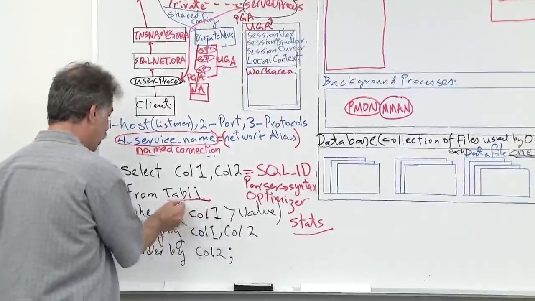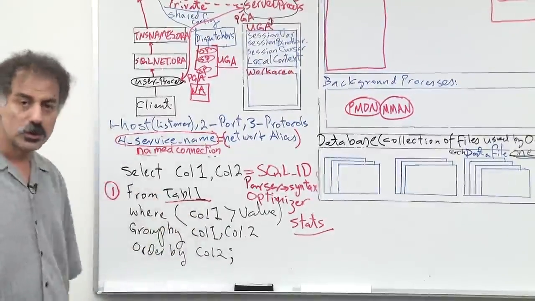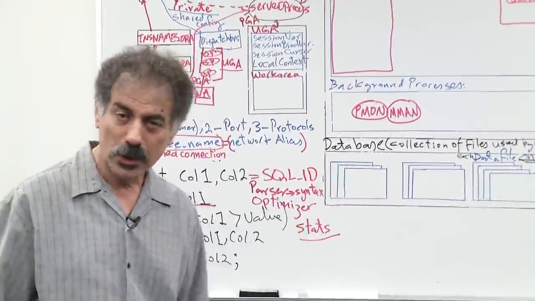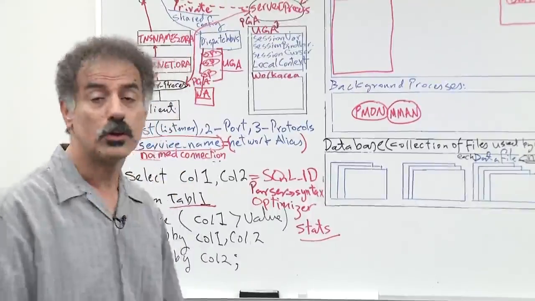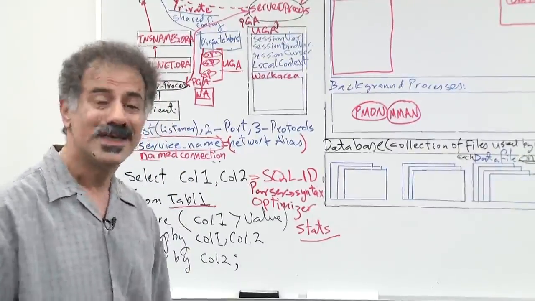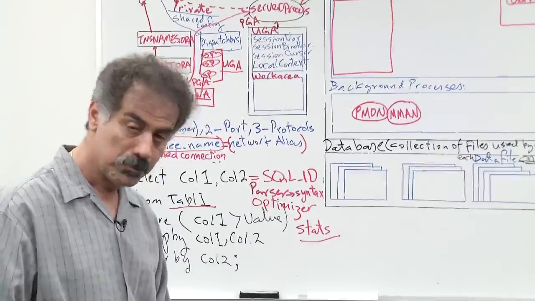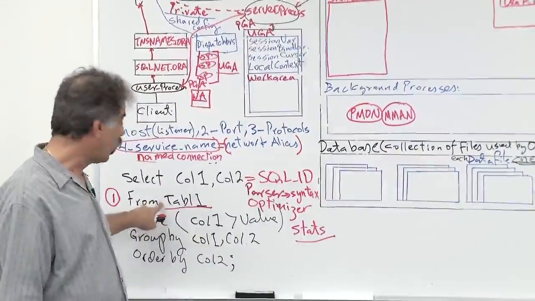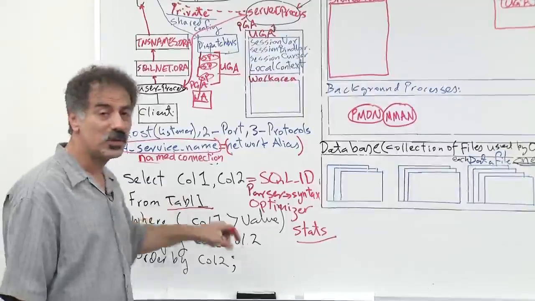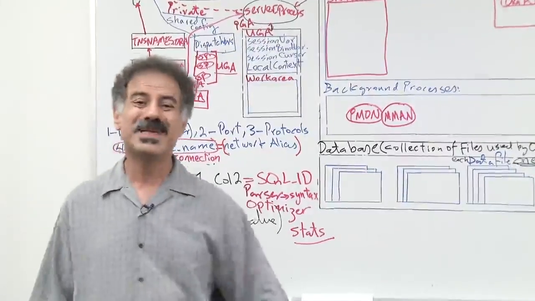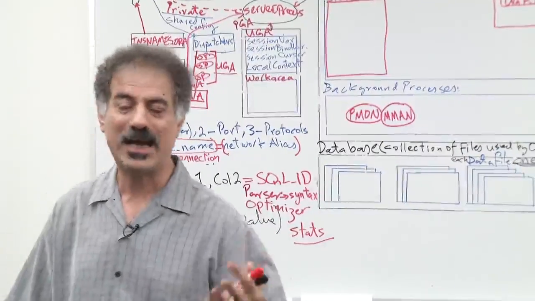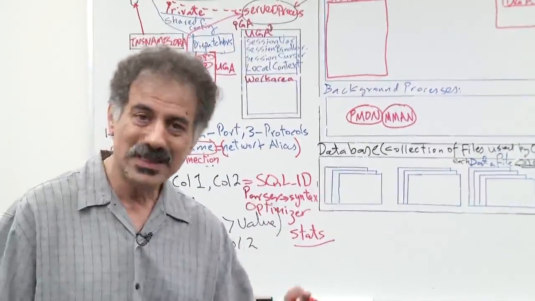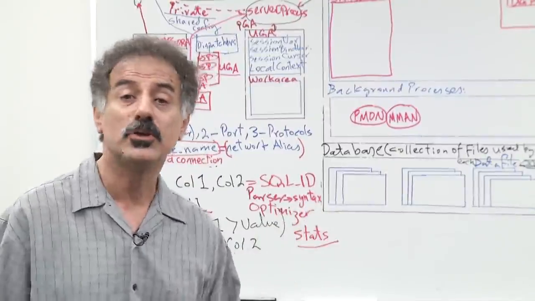By understanding the from clause first, now we know which table, we know who to get the metadata for, and we also know which table to get all of the statistical information for. Therefore, now that I read and bring all of the stats and the information about the table, this is called the metadata. Okay, it's data about data.